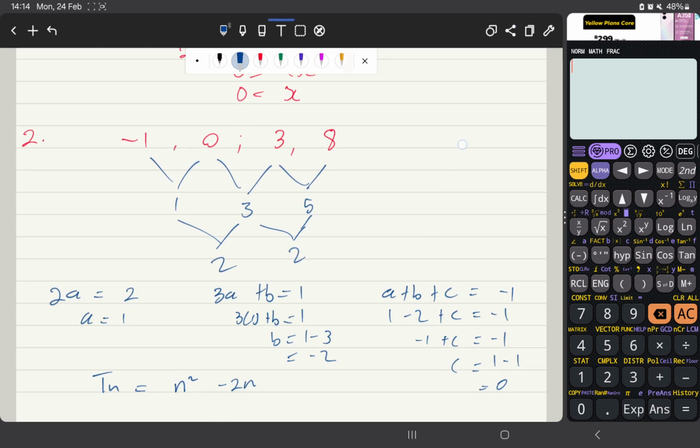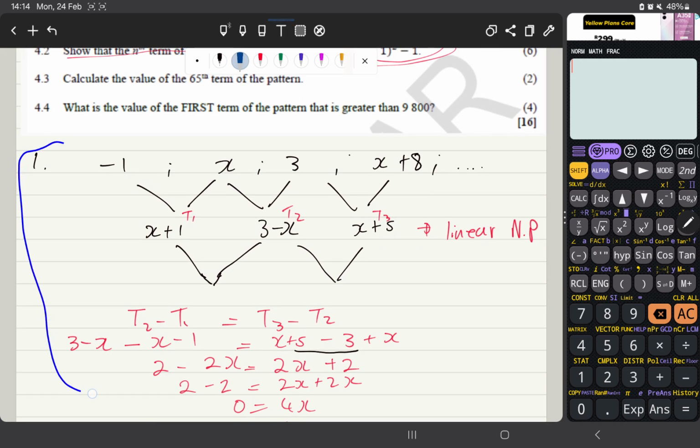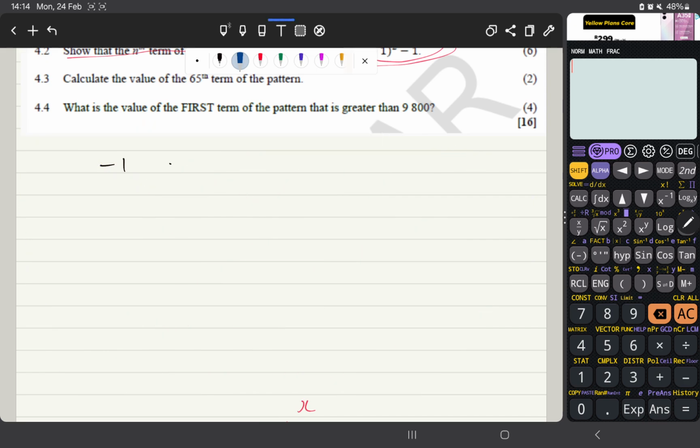So okay, cool. I'm gonna create more space for myself. Yeah, I need more space here. So I found my Tn to be n squared minus 2n.